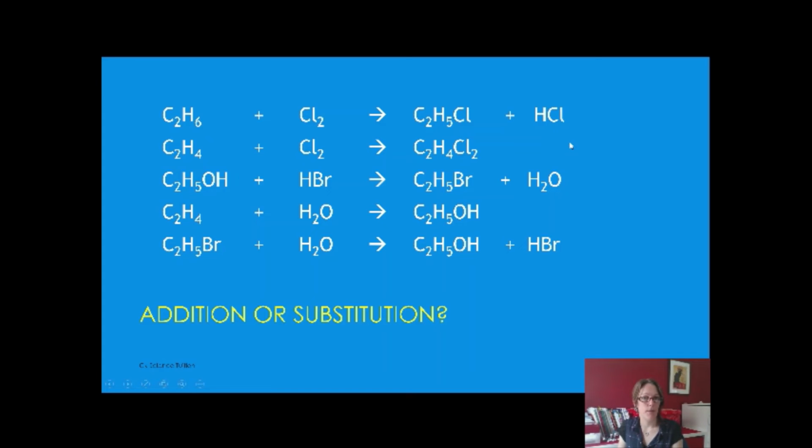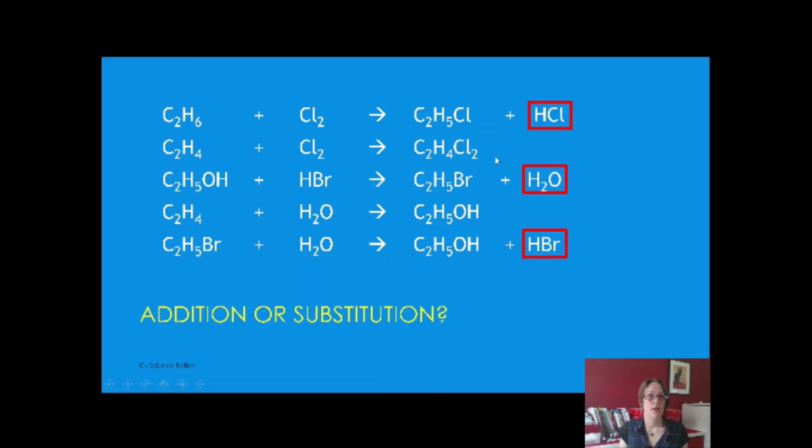This is the bit that people get a lot easier just by looking at the balanced equation. It's as simple as, if there is a second product, then we must be talking substitution. Addition means two molecules coming together to make one, and therefore there's only going to be one product for an addition. The other way I know is that addition happens in the presence of double bonds.